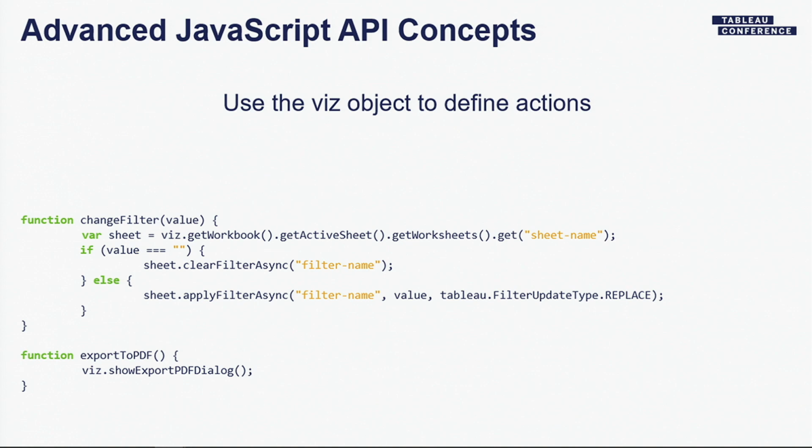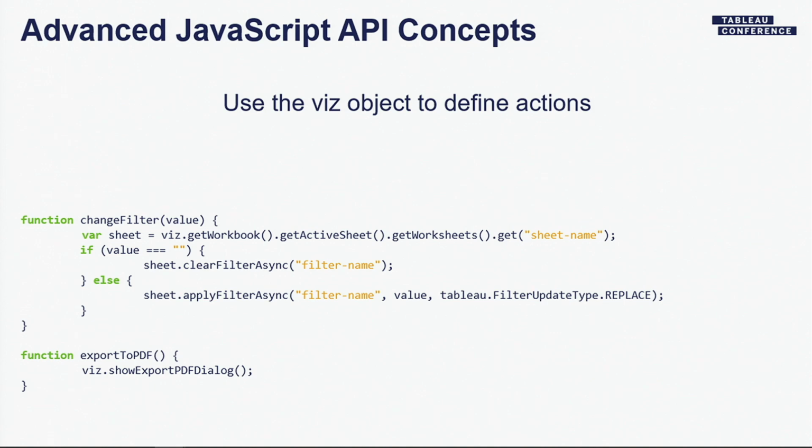Now, I've been stressing on the Viz object a lot, which actually allows us to control the Tableau dashboard. And that's exactly what we're going to be using here. So the second one is actually easier, so I'll start with that. For exporting to PDF, you can just write a function that says viz.showExportPDFDialog, and it shows you the usual Tableau PDF dialog. For the filter functionality, for example, that's at a sheet level.